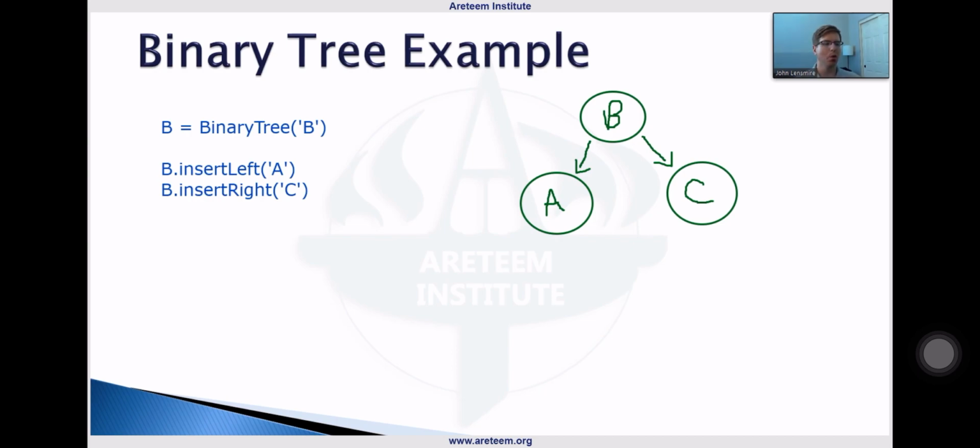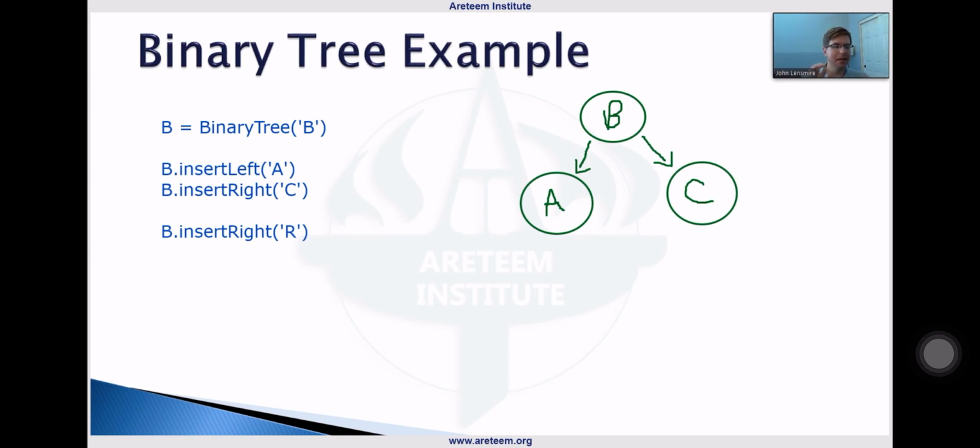But the real question here is, what happens if we now look at inserting again on one of these sides? So what if we b.insert right d? Or let me just do r, because this is going to be way different than maybe what we're thinking about in this case.